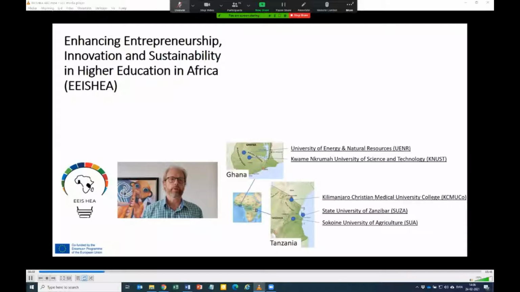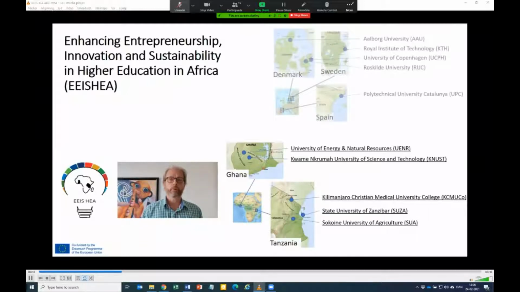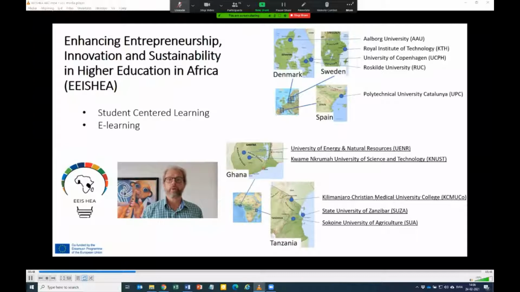We want to ensure that the curricula are highly relevant to the contemporary economic and social needs of Africa. It happens with the support from people in 5 European universities, and important vehicles for the improved curricula are student-centered learning, for example, problem-based learning, and e-learning.